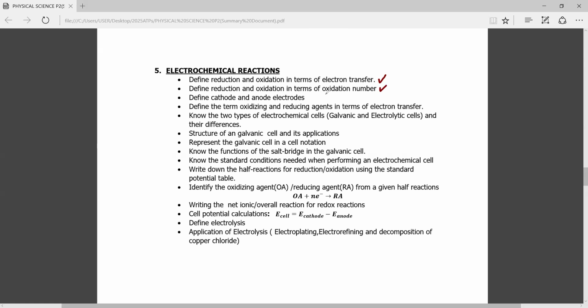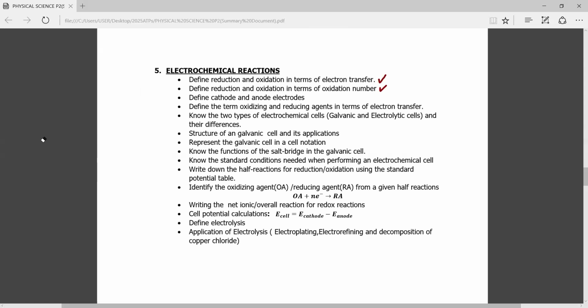For that, you need to understand what is meant by oxidation number and how to calculate it or represent it on an element or a compound. You must also be able to define cathode and anode, which are electrodes, and define the terms oxidizing agent and reducing agent in terms of electron transfer.